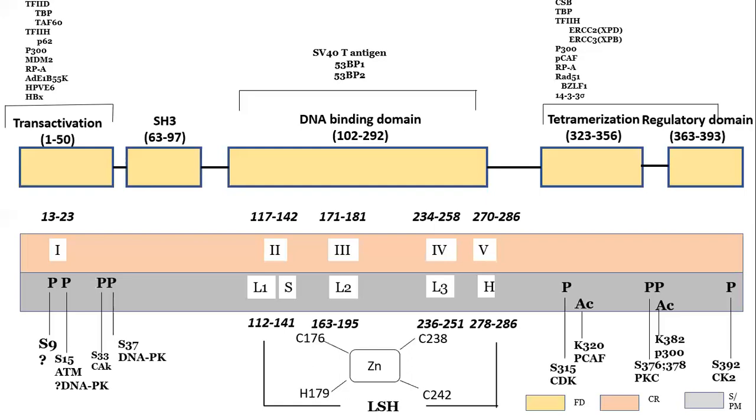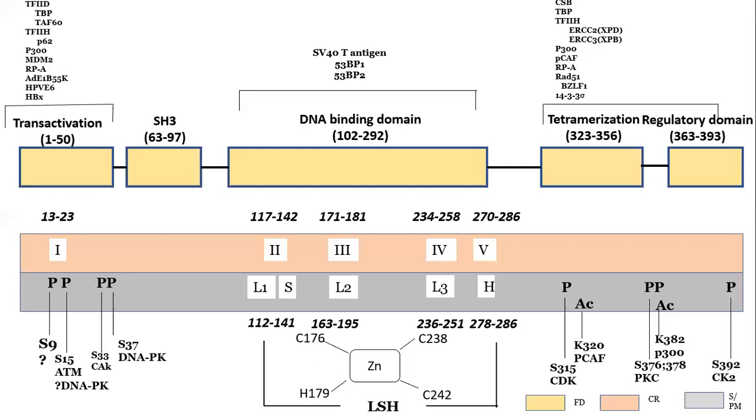So we should remember that a protein which has a DNA binding domain has the ability to recognize specific DNA sequence, and then therefore it can bind. So zinc here serves 2 purposes. One is binding and stabilizing the binding at the particular sequence.